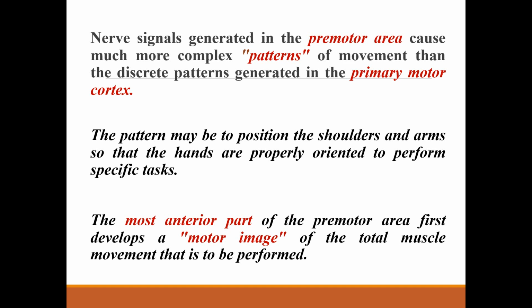The pattern may be to position the shoulders and arms so that the hands are properly oriented to perform specific tasks. The most anterior part of the premotor area first develops a motor image of the total muscle movement that is to be performed.